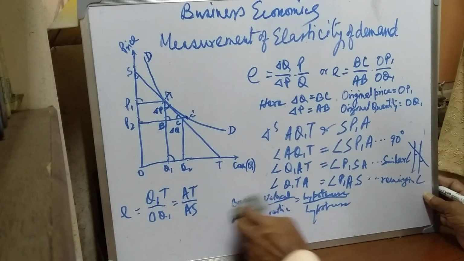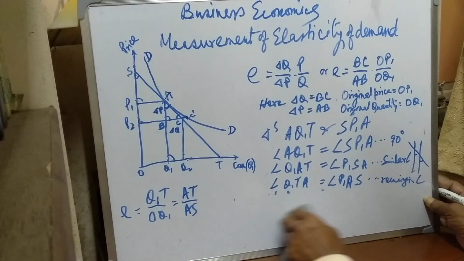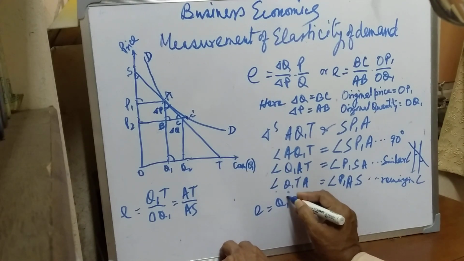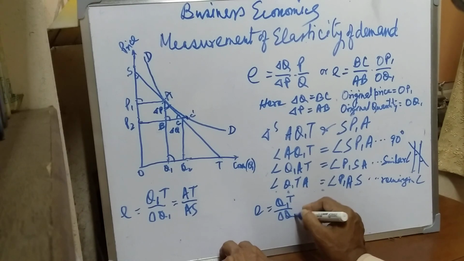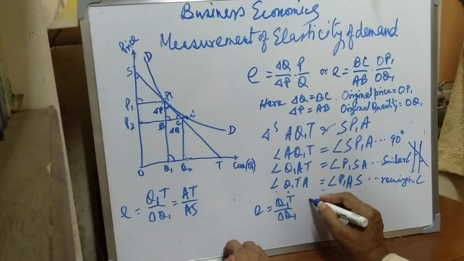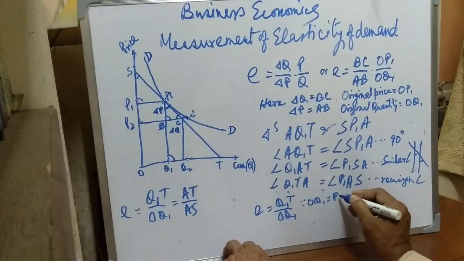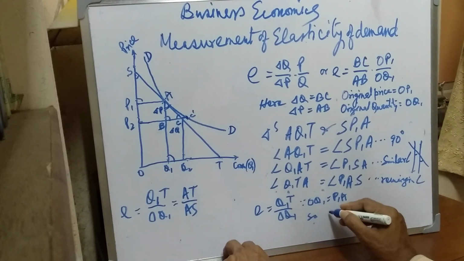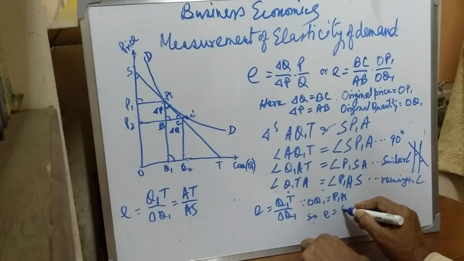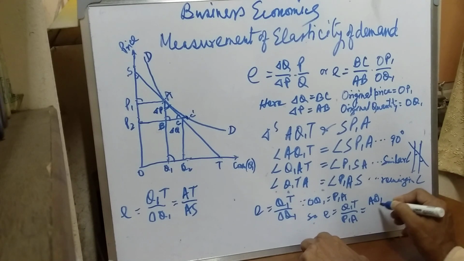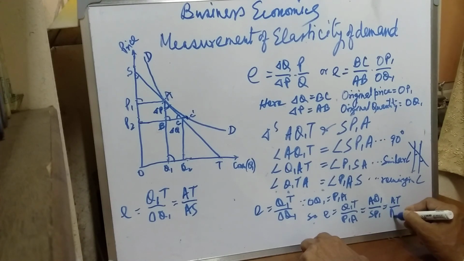As Q1T by OQ1, again OQ1 equals P1A, so Q1T by P1A equals AQ1 by SP1 equals AT by AS.